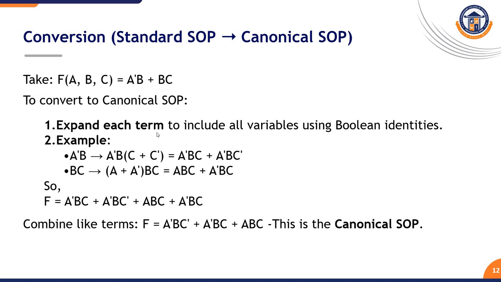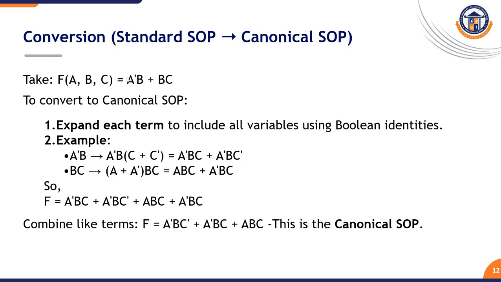So how to convert the standard SOP to canonical SOP? That is, for a function ABC has the sum of product term A dash B plus BC. To convert it into the canonical sum of product, we expand to include all the variables in each product term.